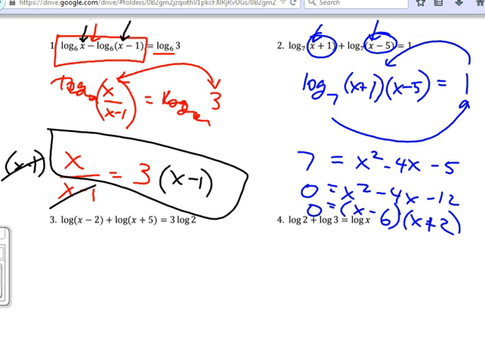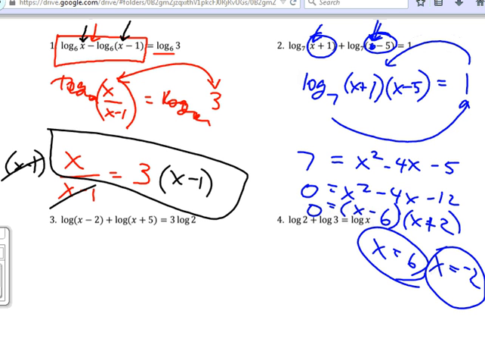Okay, then my answers are x equals 6 and x equals negative 2. One of those things isn't going to work. The 6 is okay because I can have an argument that's 1. It just turns the whole thing into 0. The negative 2 is the one that's going to crash it. Negative 2 when it's put right there or there crashes either one. So that one is extraneous.